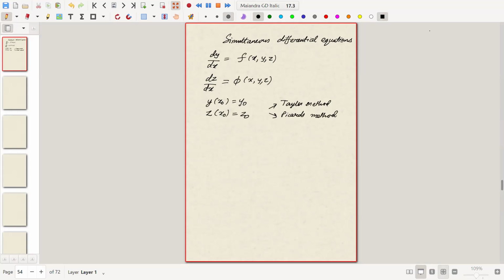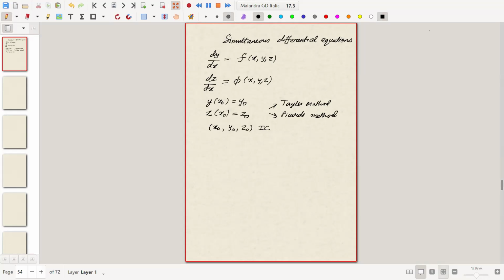It's not limited to only initial value problems. So we will start with our initial conditions y naught and z naught. So our initial condition, if you see, is x naught comma y naught comma z naught. Okay, this is our initial condition.